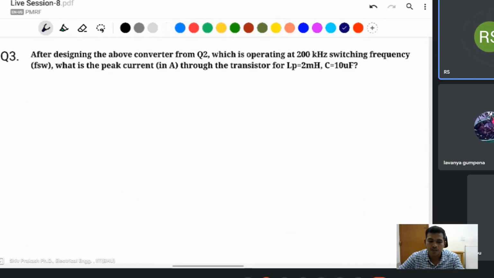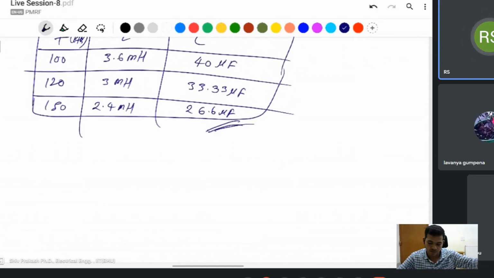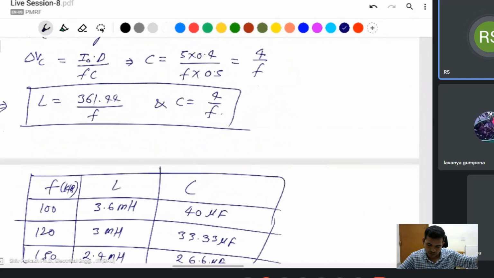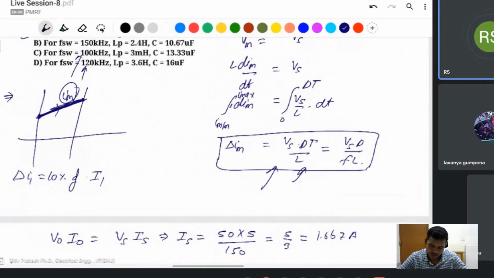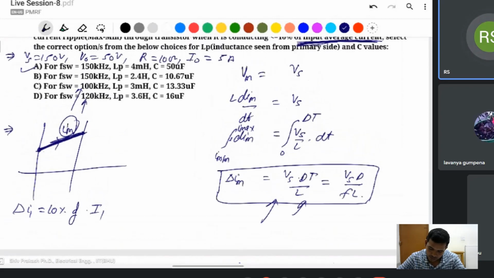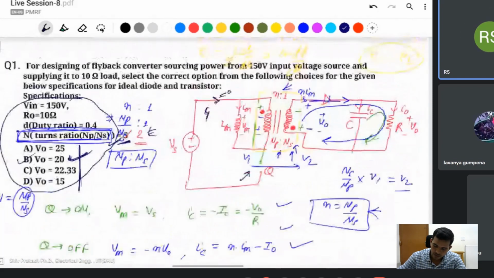In the previous question, if you want to know the del IM when the switch is off, actually del IM when the switch is off is reflected from the secondary. So it is N I naught.